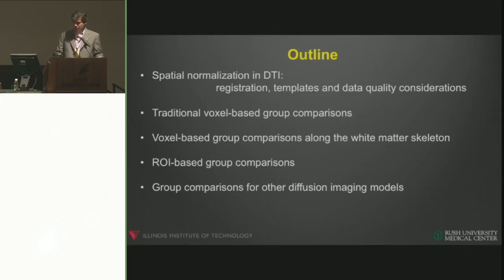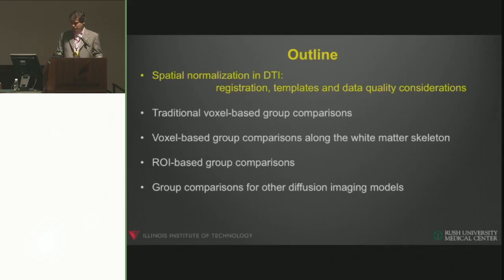Then we're going to move on to traditional voxel-based group comparisons and what we can do better if we use voxel-wise analysis on the white matter skeleton. We're going to follow that up with ROI-based group comparisons, and finally we're going to discuss briefly how to do group comparisons for other diffusion imaging models.